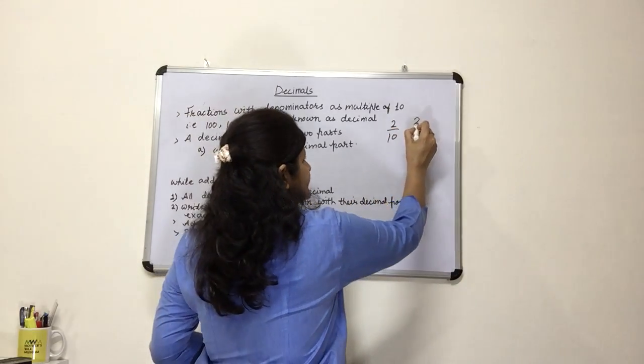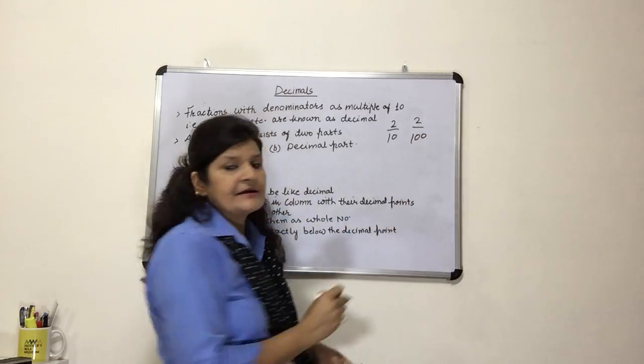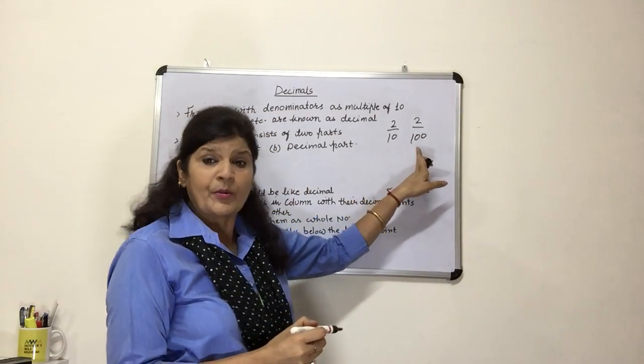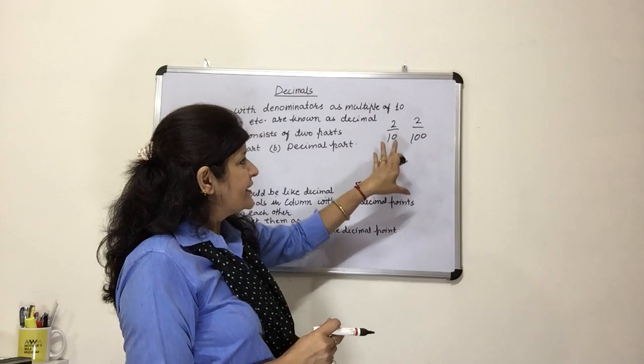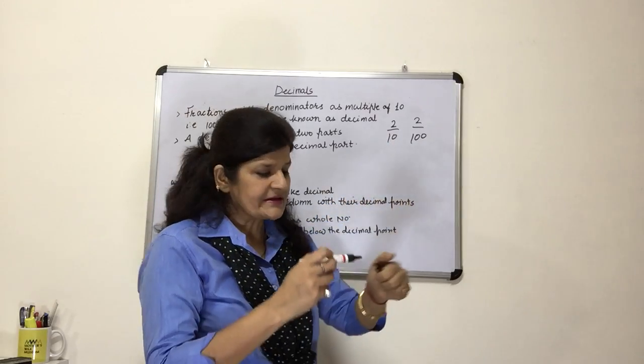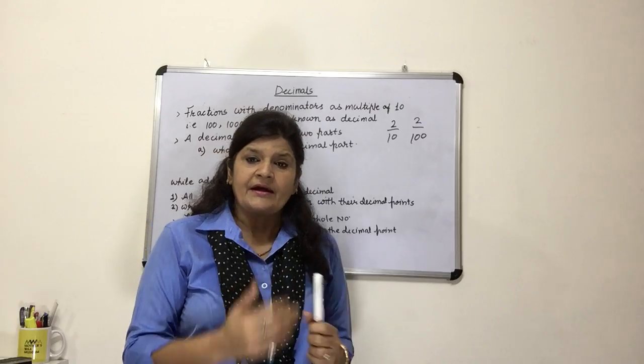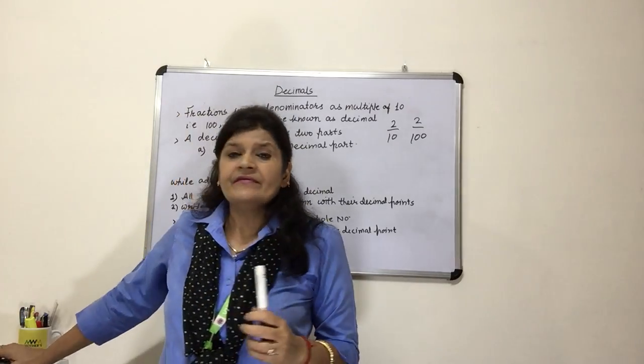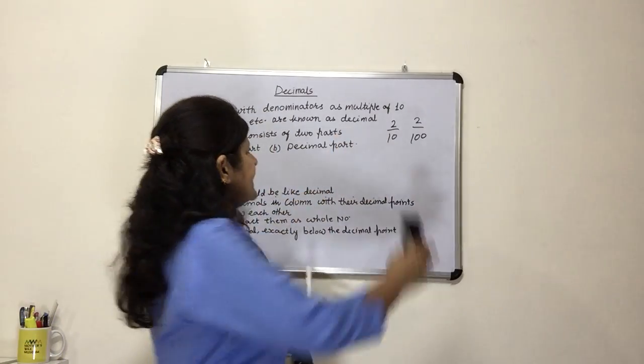If I write 2 upon 100, again it is a decimal fraction because the denominator is 100. When the denominator is a multiple of 10, like 10, 100, 1000, 10,000, we call them decimals.